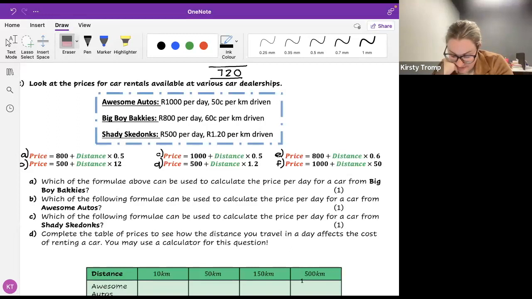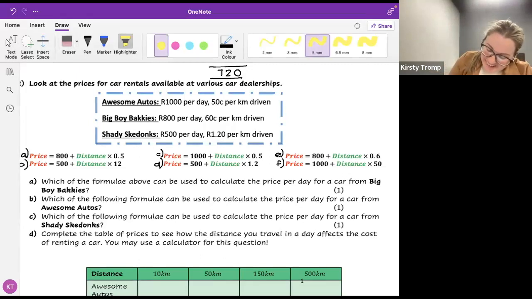So for Big Boy Bucky's, I first turned the cents per kilometer driven into a decimal, and I got 0.5, and then for A, I said the answer was E. No, I got 0.6. Good, 0.6. I nearly tricked you, hey? So you said E, well done.